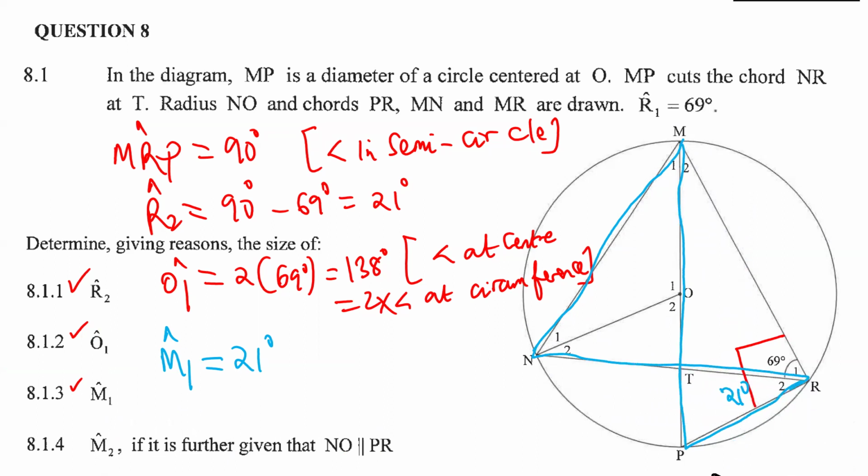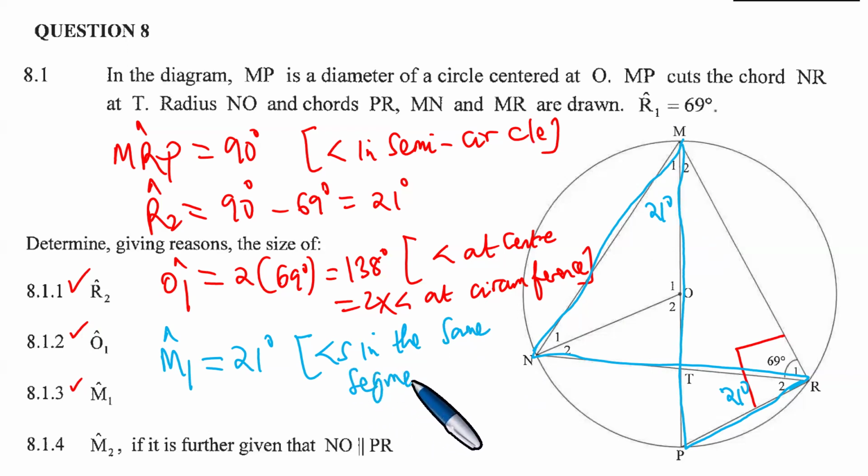Right, so this kind of shape, it's like the bow tie shape, and it's for angles in the same segment. You already know R2 is 21, and therefore this is also 21 degrees. And you can then say the angle M1 is 21 degrees because these are angles in the same segment.